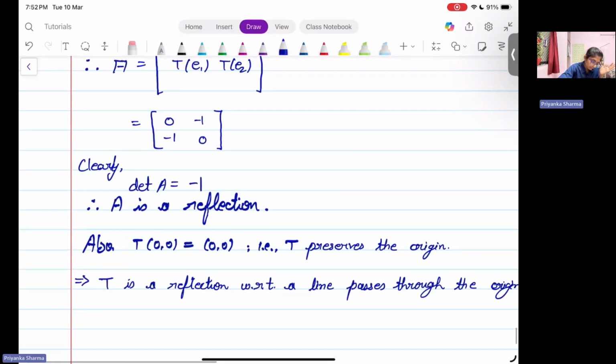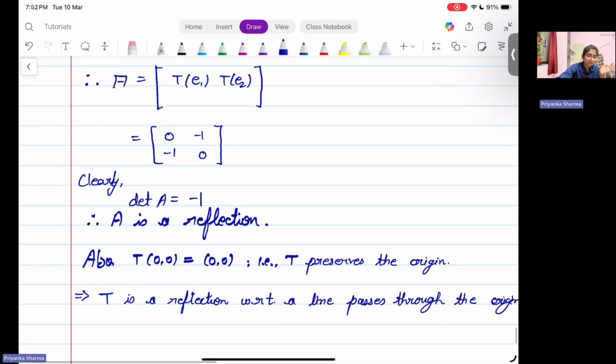For this we need to compare this matrix with the standard form.